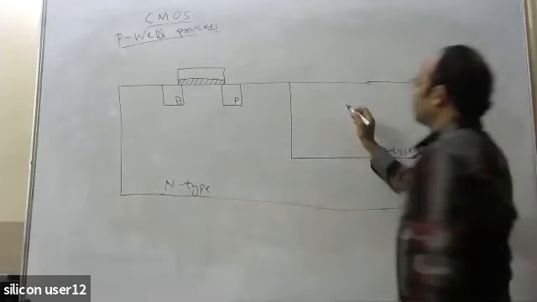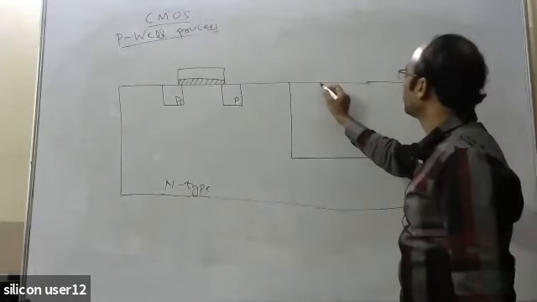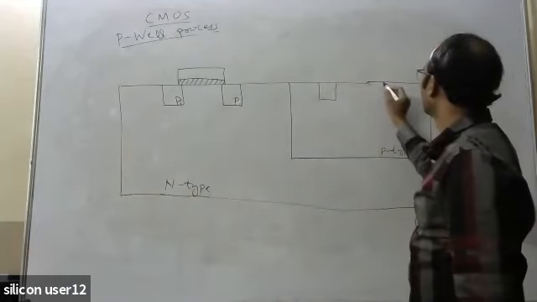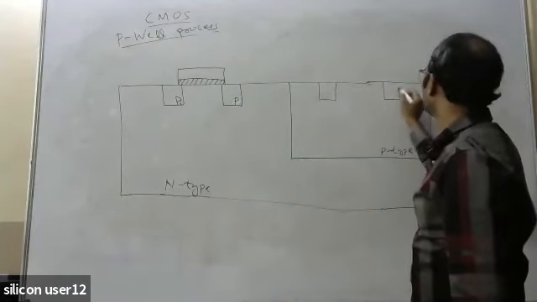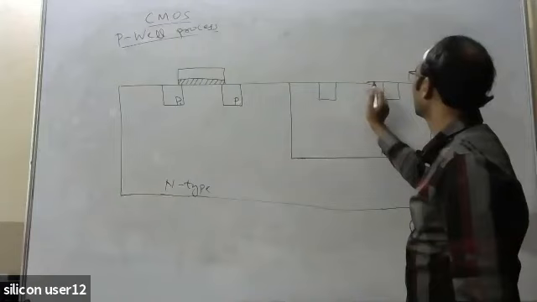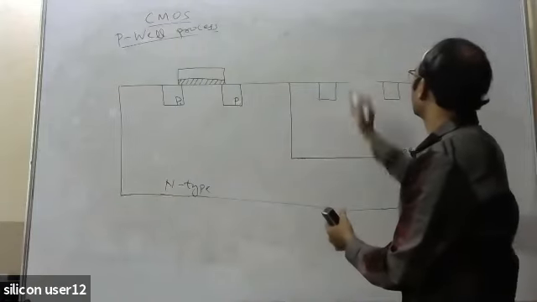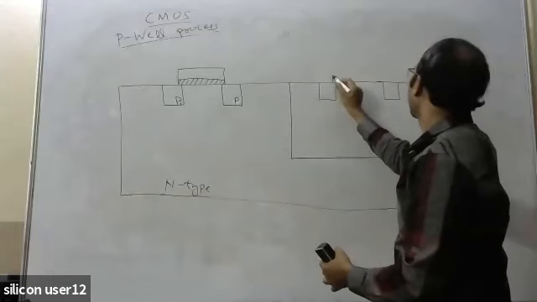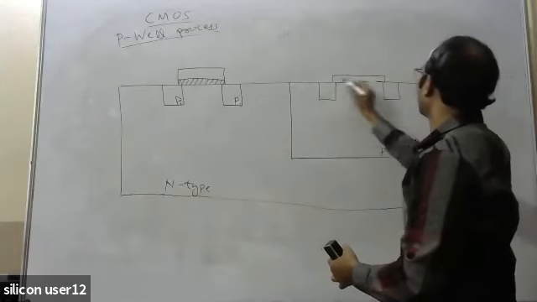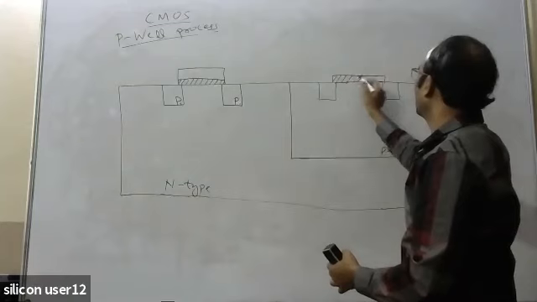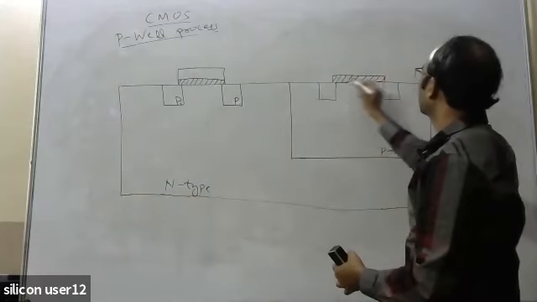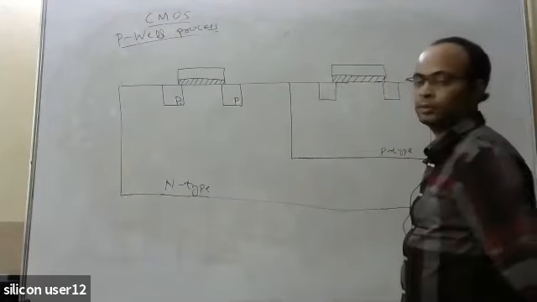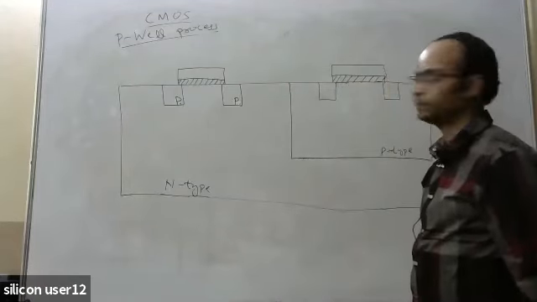For the NMOS, I do the same thing again: silicon dioxide, and above it the gate region.